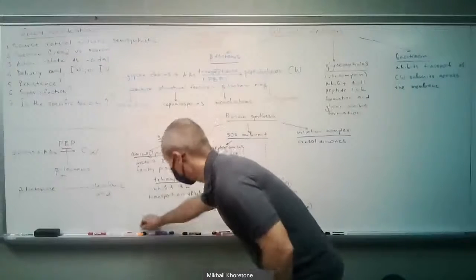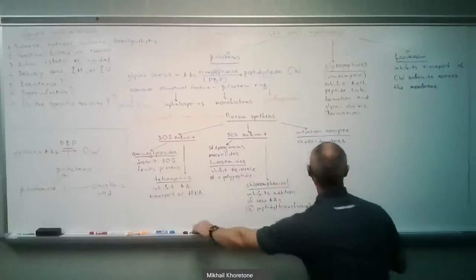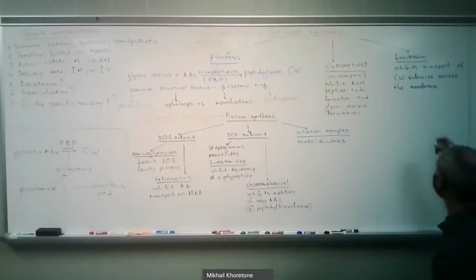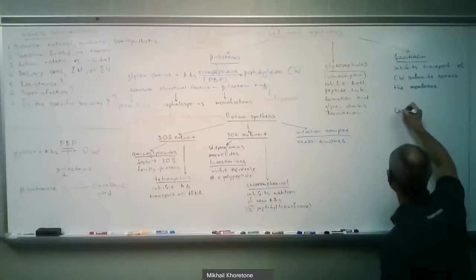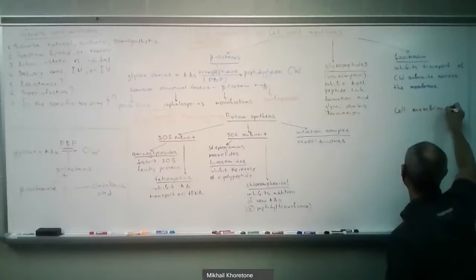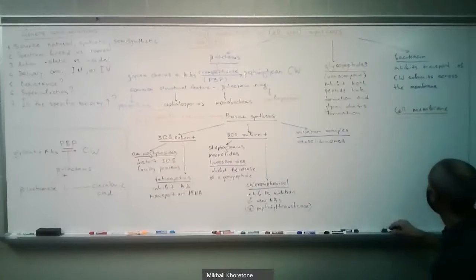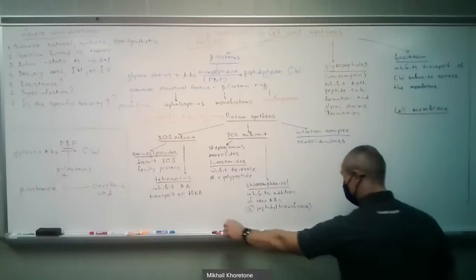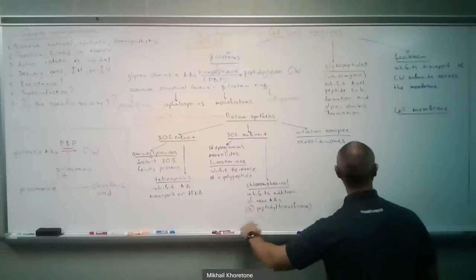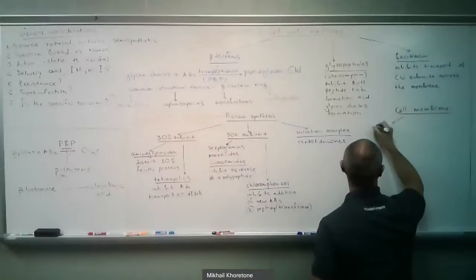So let's get to another target here, which is going to be cell membrane. In the cell membrane situation, we have two groups of antibiotics, which are, in my opinion, pretty cool. One group here is called polymyxins.